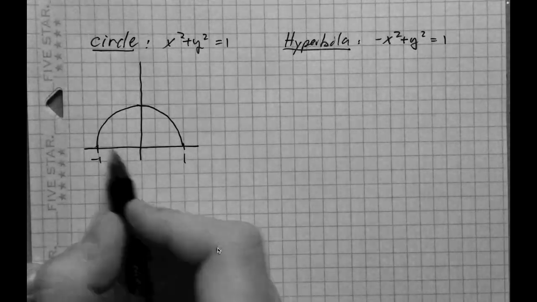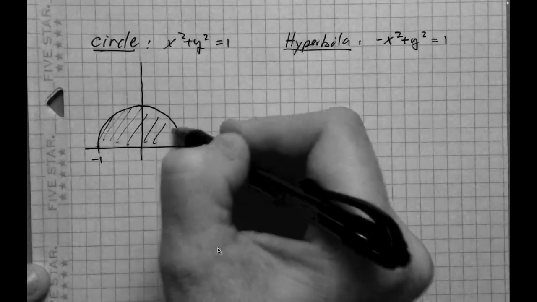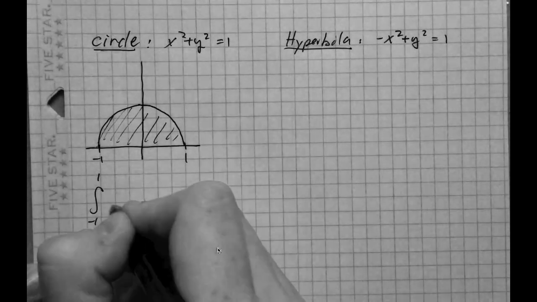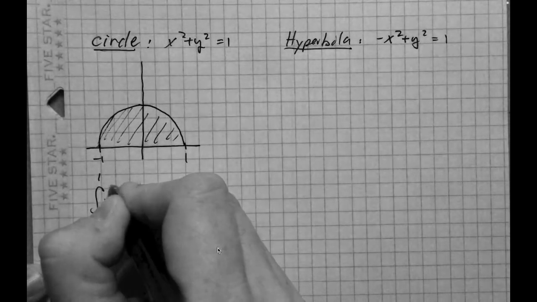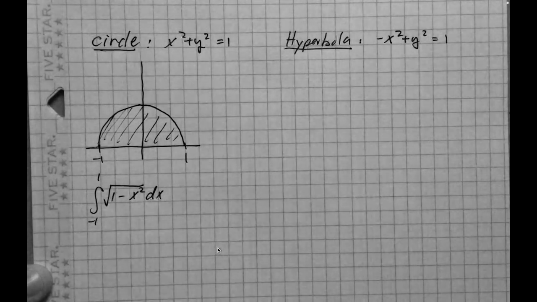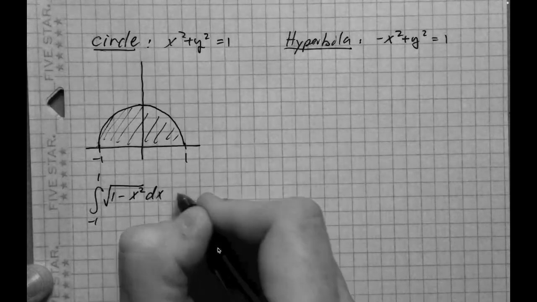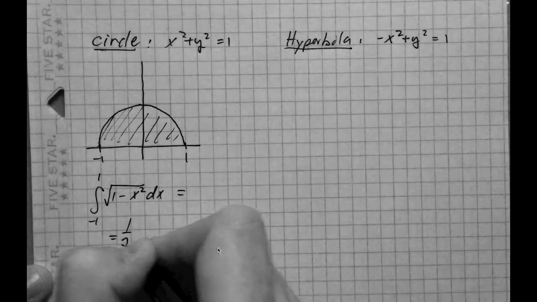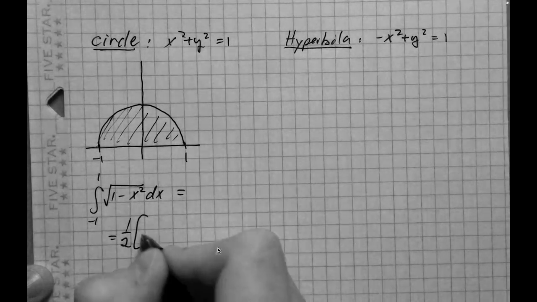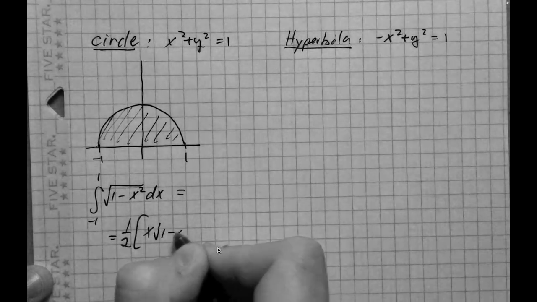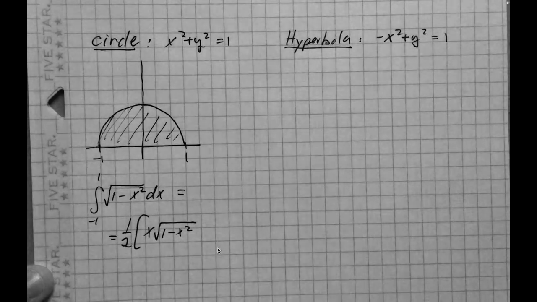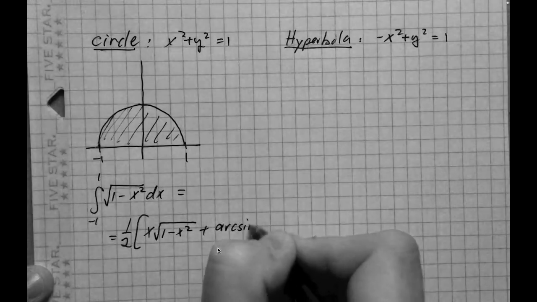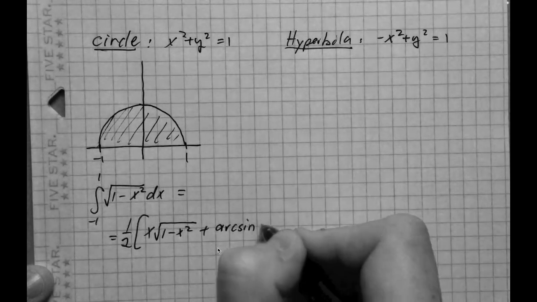Okay, we could integrate over this region, right? It would be the integral from negative 1 up to 1 of the square root of 1 minus x squared. And so I won't do it here, but I'll just tell you that when you do that, you get 1/2 times x times the square root of 1 minus x squared, plus the arc sine of x, right?